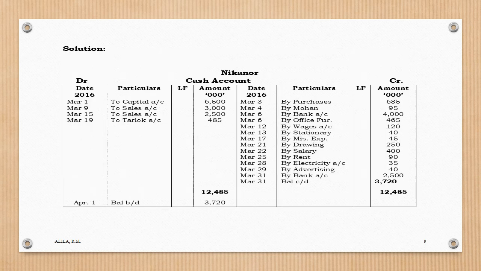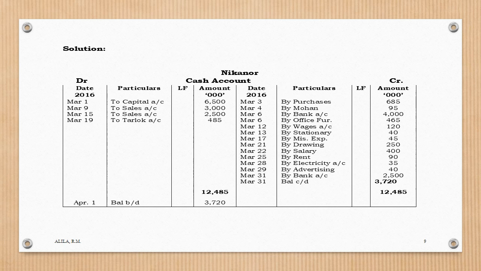So some cash has been paid into the bank, 2,500,000. To prepare a simple cash book, as usual we are going to have a debit side and a credit side. This is the cash account. In March, we have the capital, or the started capital, 500,000. On March 2, we make a purchase of 65,000.